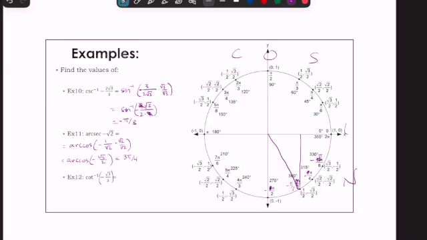Now, cotangent, negative root 3 over 3. That probably means we had a 1 over root 3, which really is 1 over 2 over root 3 over 2.